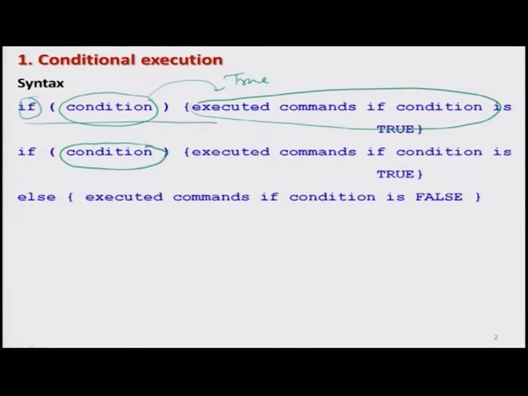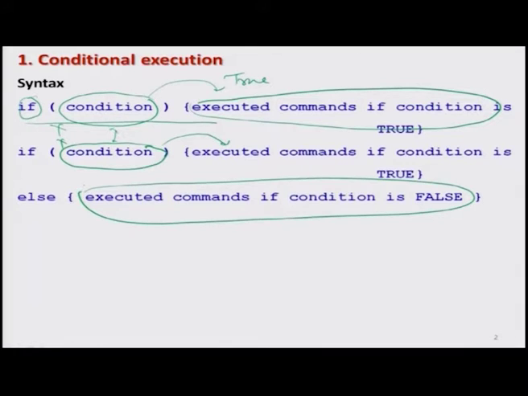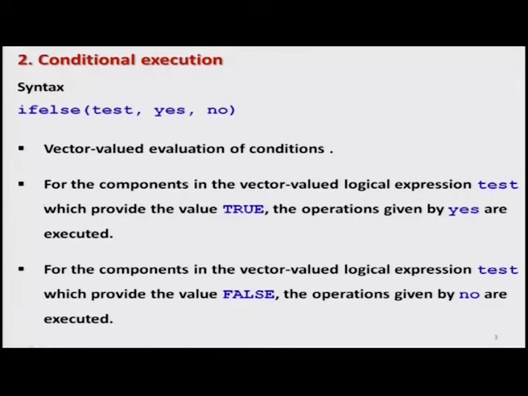If this condition is true, then this will be executed. And suppose both of these conditions are not true, then the third statement, which is written here, will be executed, but this is followed by the statement else. This is called the if else statement. Now after this, let us look into another statement.